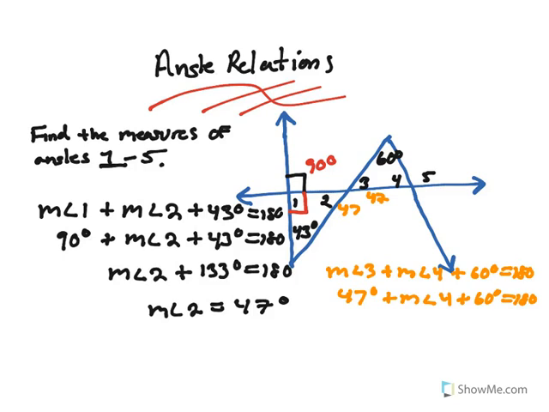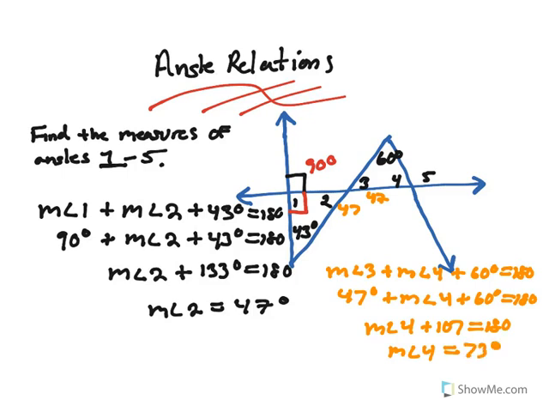And now we combine like terms. 47 plus 60 is 107. Subtract 107 from 180, and you're going to get 73 degrees.